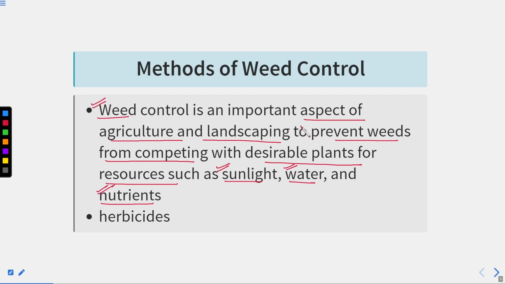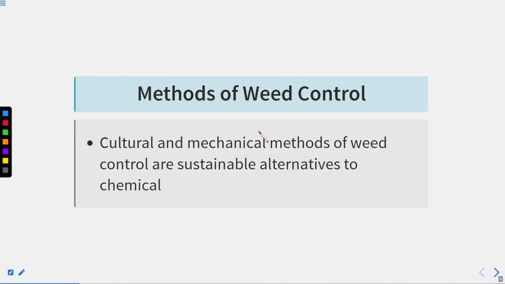So there must be a prevention from these weeds. We must prevent our crop from these weeds because it can affect our crop production, right? So it is an important aspect of agriculture as well as landscaping to prevent the weeds from competing with our crop plants or desirable plants.